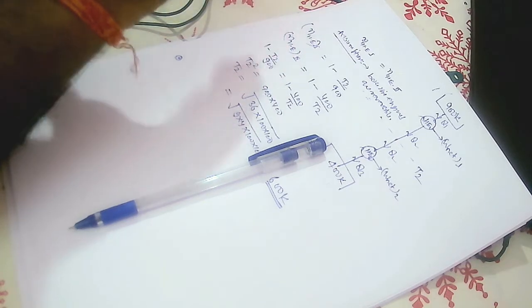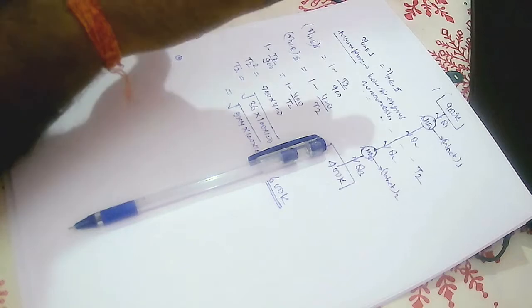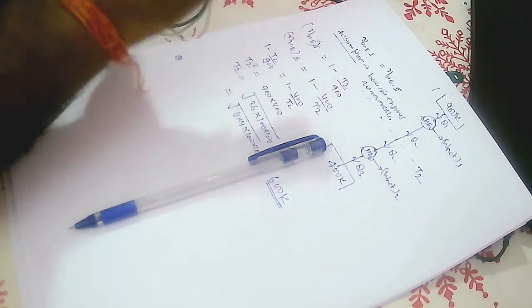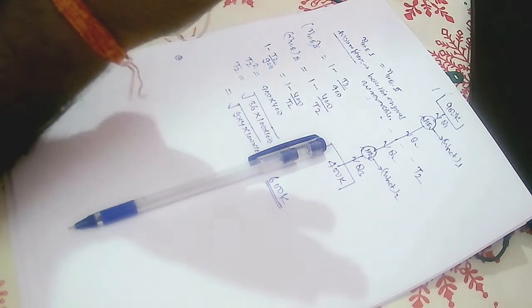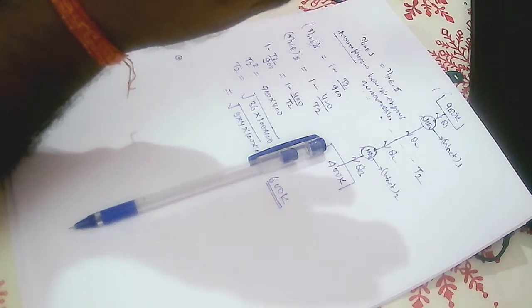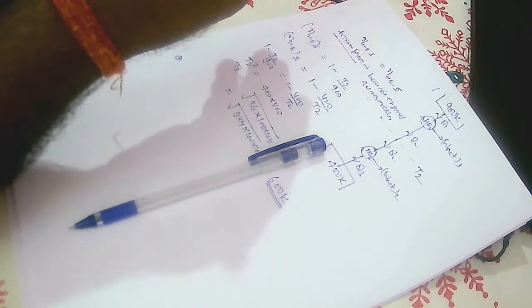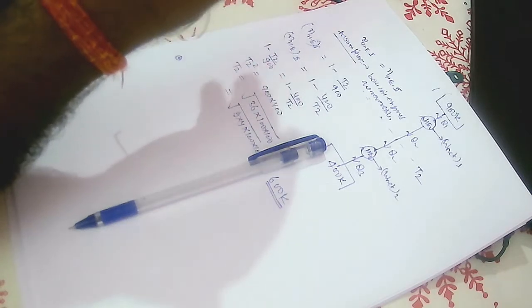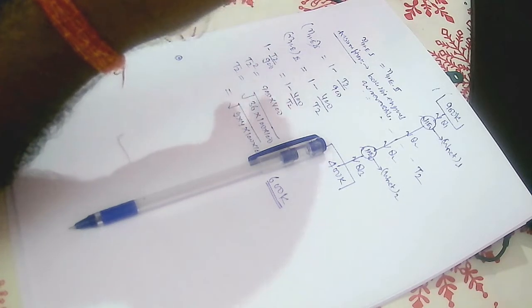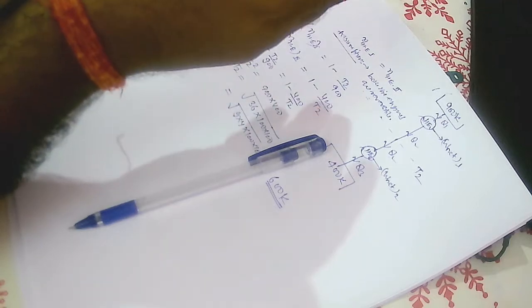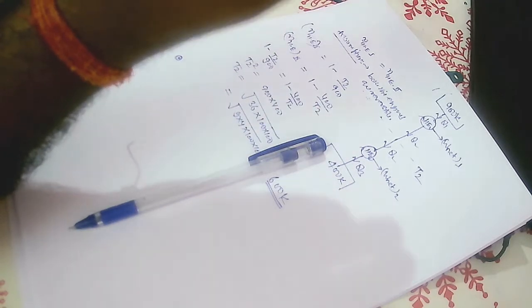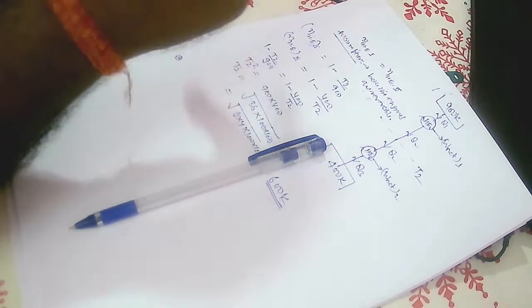Or you can say all the reversible heat engines will have the same efficiency if they are operating between the same constant temperature source and same constant temperature sink. Or in other way you can say the efficiency of a reversible heat engine does not depend on the working fluid or type of working fluid. So even though these three engines are using different kinds of working fluids, their efficiency is the same.